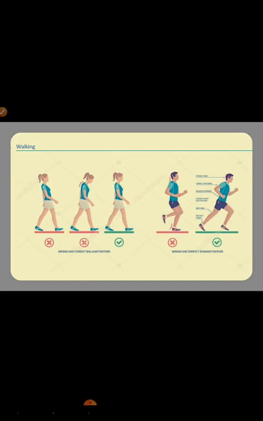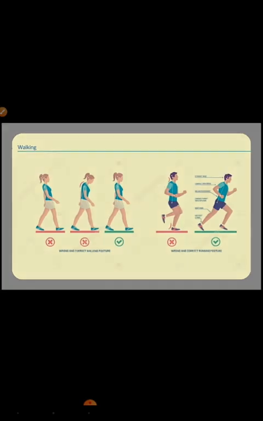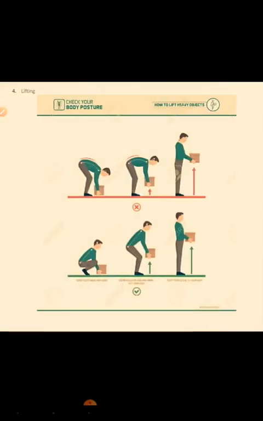And the next one is lifting posture. That is, how do we lift? You can see the first set of pictures. They are the wrong way of lifting. And the next set is the right way of lifting. This also reminds me of those of us who normally carry loads.